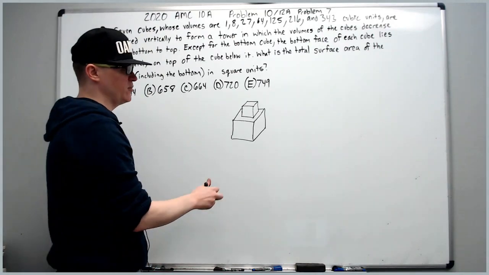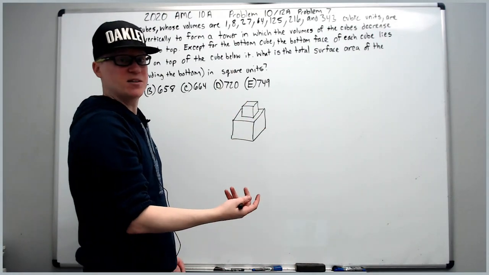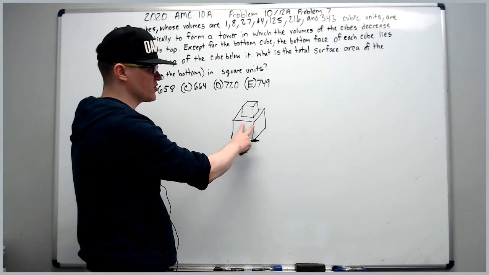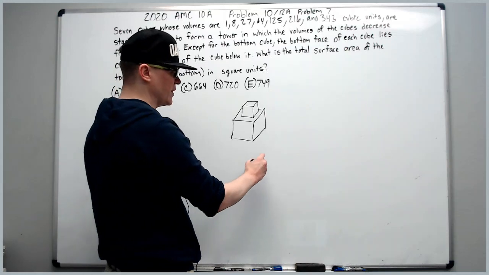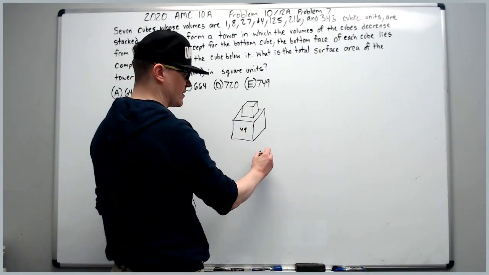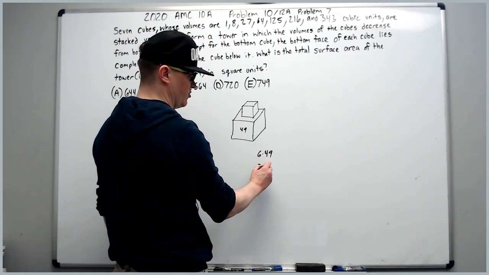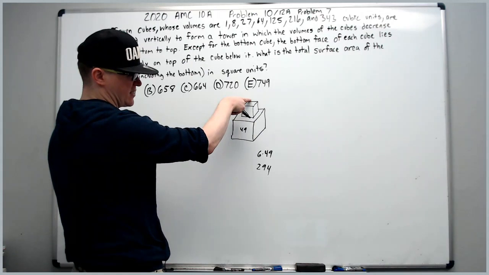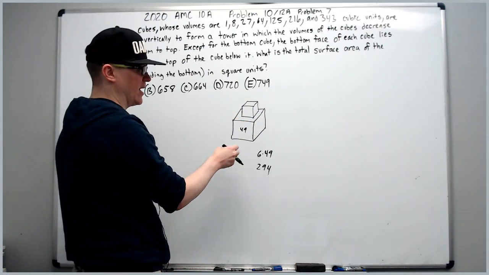Okay, the first thing we have to do is find the edge length, which we said was 1 to 7, and then you're going to use that to find the surface area of the bottom cube. It'll simply be 49, the area of one face, times 6, which is 294. Okay, but what happens when I attach the next block up?